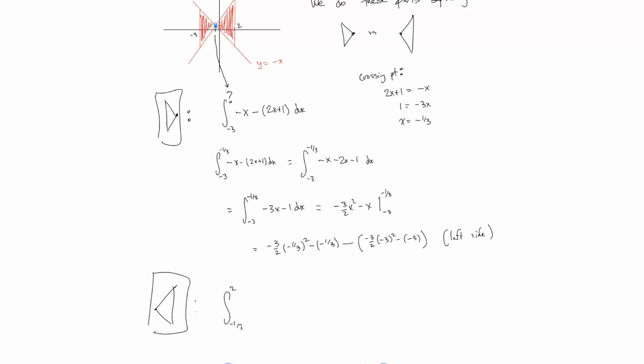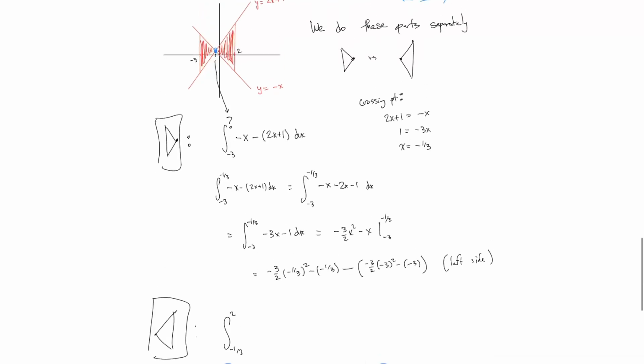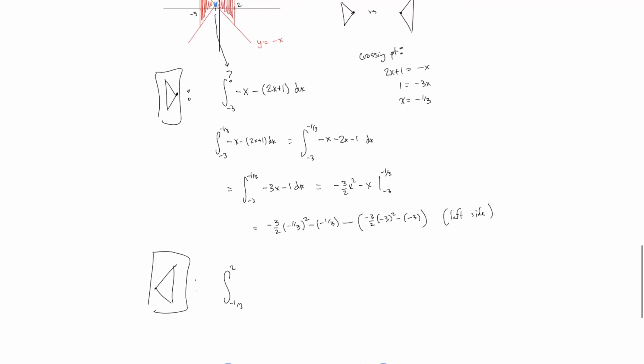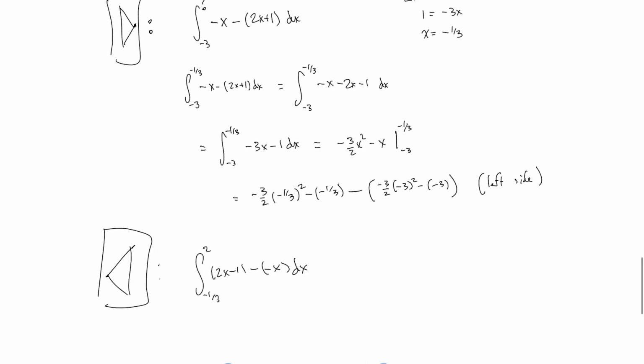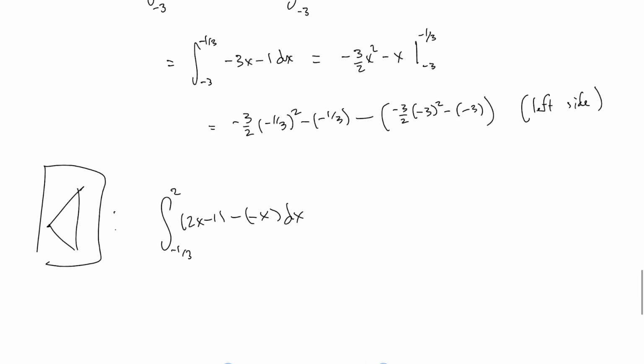And then the other difference is, what do we put inside the integral? It's always the bigger minus the smaller, but on this side, it's the other way around. So the bigger this time is 2x minus 1, and then the smaller is minus x, like that. This is the setup for this one.